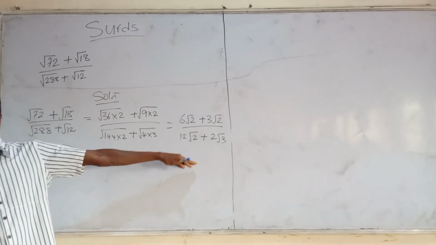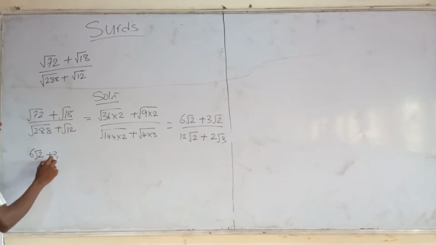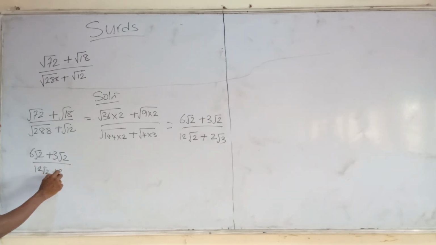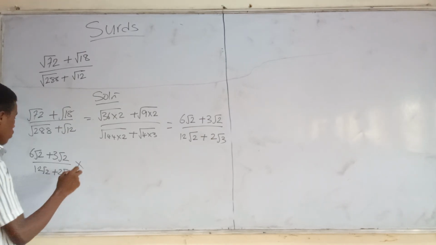So this is what we have. So from there we have to evaluate 6 root 2 plus 3 root 2 over 12 root 2 plus 2 root 3. So we multiply by the conjugate of the denominator.